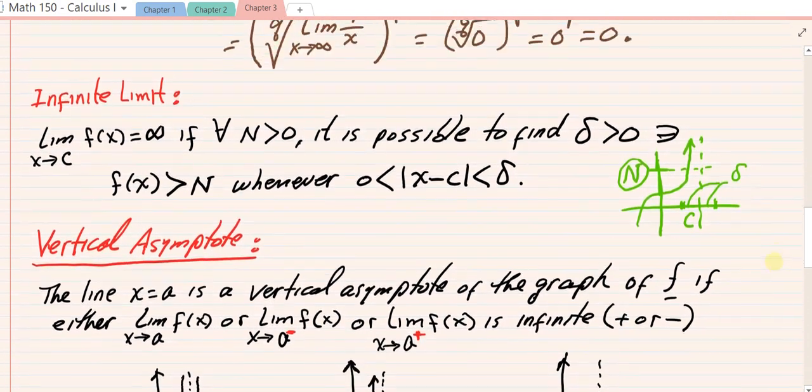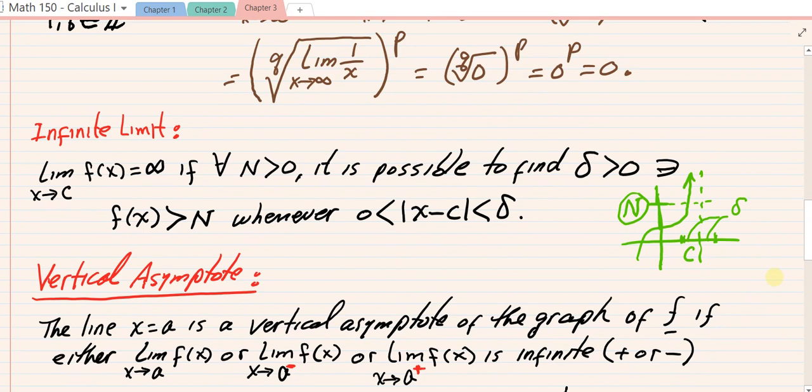Now let's define a vertical asymptote. The line x equal a is a vertical asymptote of the graph of a function if any one of these three limits is infinity. Again, for a vertical asymptote, it could be positive or negative infinity, either way.